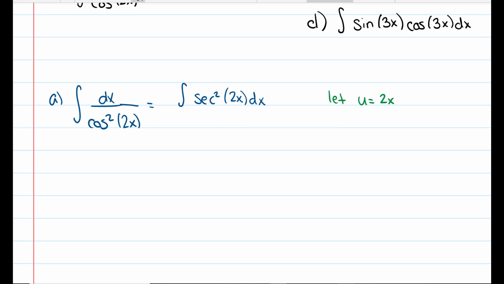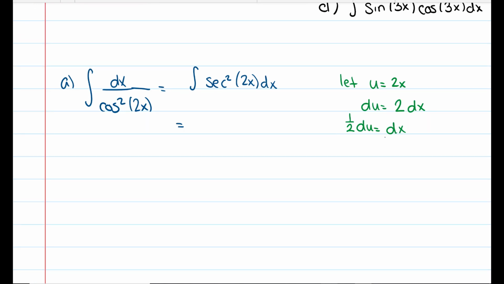equal 2x. So du is equal to 2 dx. But I don't have a 2 running around, so I've got to divide both sides by 2. So I get 1/2 du is equal to dx. So we get the integral of secant squared of u, and dx is replaced by 1/2 du.